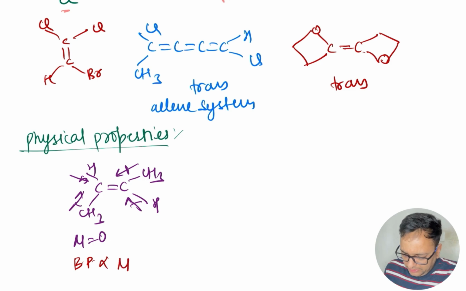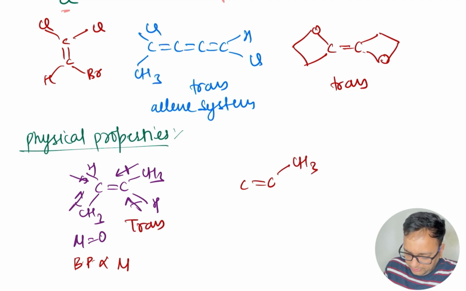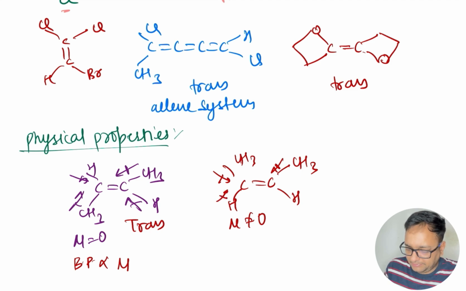Boiling point is always directly proportional to the dipole moment, right? Now if we talk about the trans, this is trans. Now if we talk about the cis, here the dipole moment is not 0. How is it not 0? It is going in this direction, adding up, and this direction and this direction.